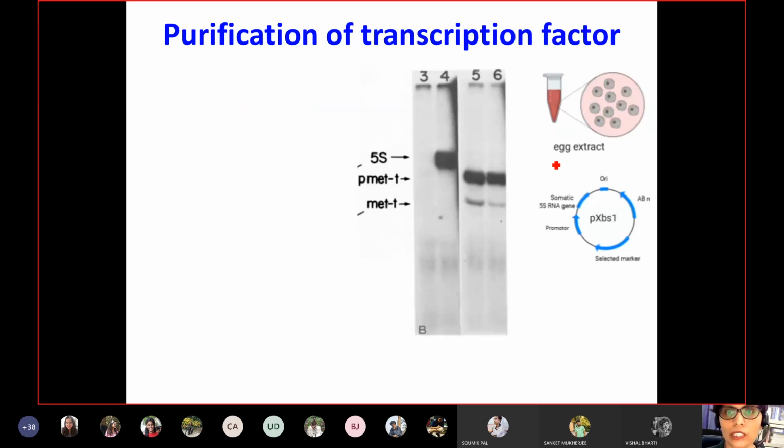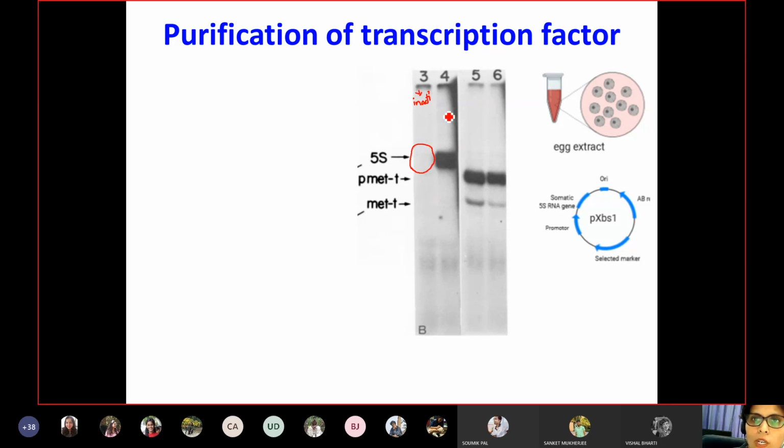So what they see here is that when you mix the somatic cell 5S RNA gene in the presence of unfertilized egg extract, you see no transcription, because obviously the egg extract is transcriptionally inactive. So you do not see any specific transcription at this position.